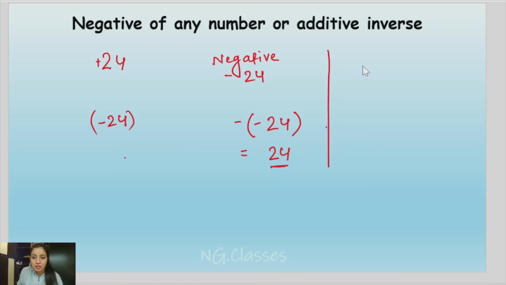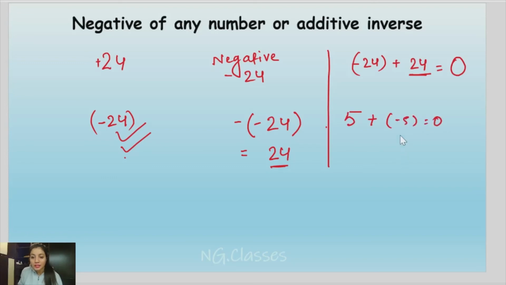We have minus 24 at first. In this case, the additive inverse of minus 24 will be plus 24. It's the number which I add with minus 24 and which gives the result 0. If you want to write the additive inverse of 5, it will be minus 5. It is the number which will be added to 5 and give the result 0.